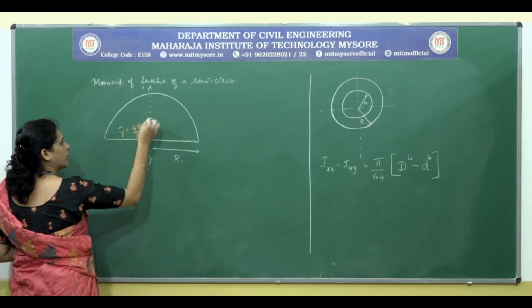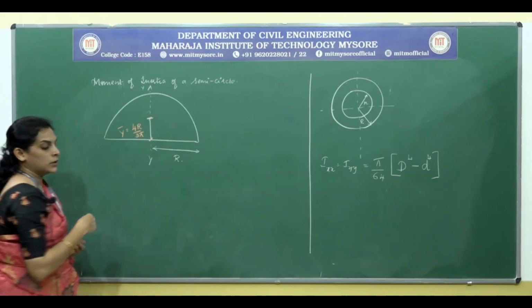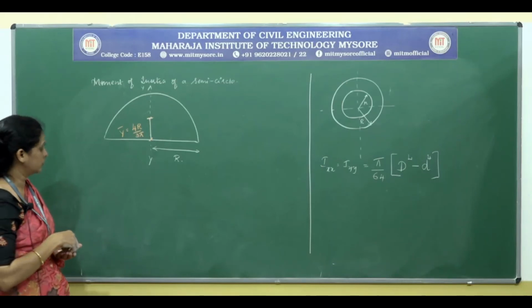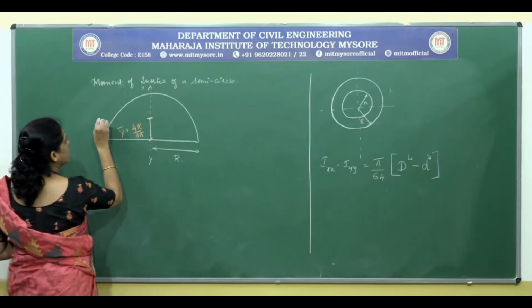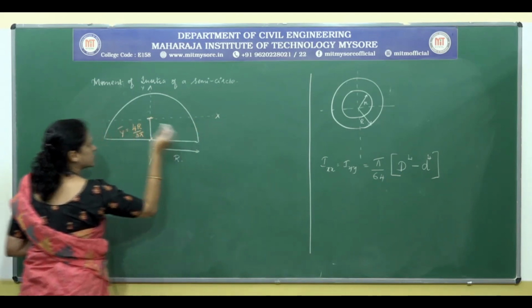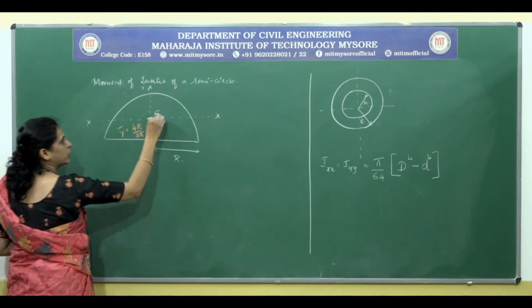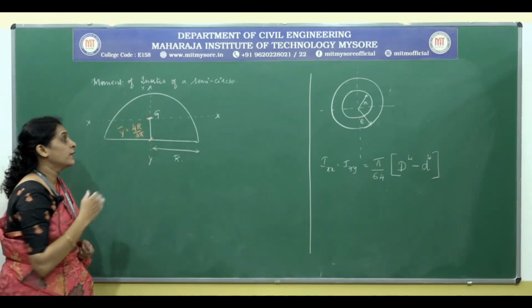So, this is y bar. We shall write the axis here as xx denoted by the centroid G.